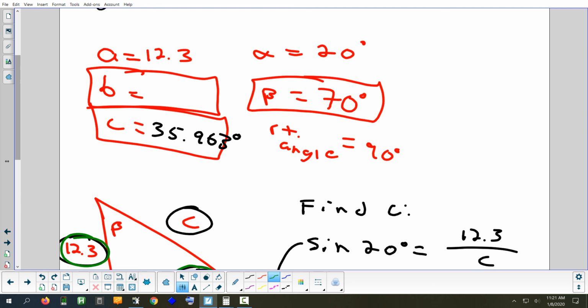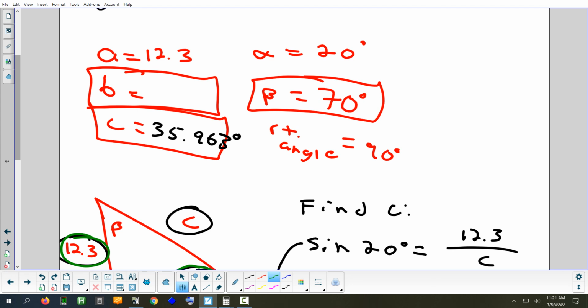The other thing I know is that if you add A and B together, it has to be bigger than C, basically 36. Which means B has to be at least 24. If B is smaller than 24, that's going to be a problem, because then A plus B won't be bigger than 36.